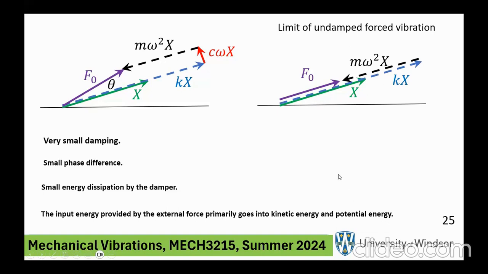Because the damping force is very small, that doesn't do much. So whatever is given by the external force F is going to go into kinetic and potential energy. One stretches or compresses the spring, the other is the kinetic energy of the mass.